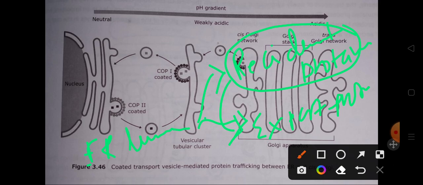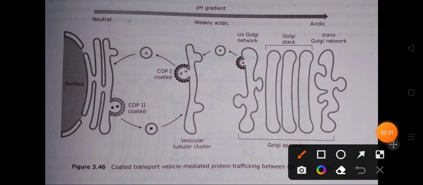As its name suggests, these resident proteins remain in the ER lumen. They are not going to be exported or transferred. The other type, the export protein, is going to be transferred. So one thing is clear: export proteins will be transferred, and resident proteins will maintain the export proteins in the ER.